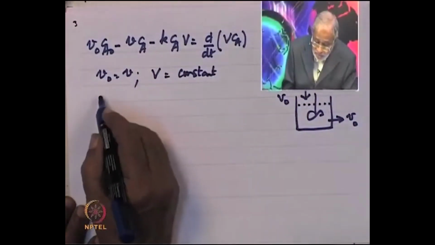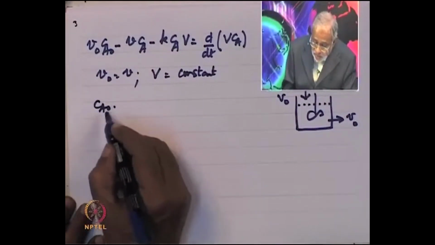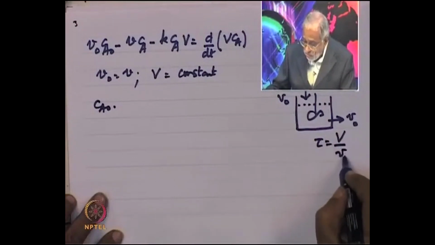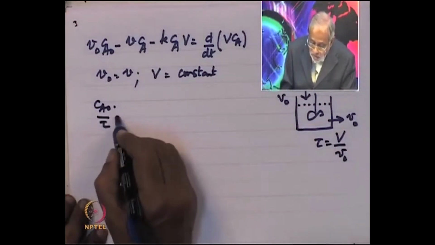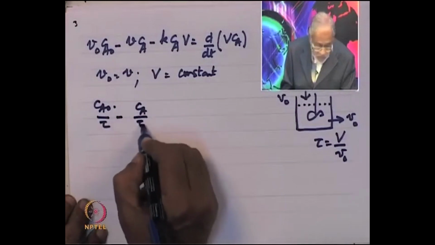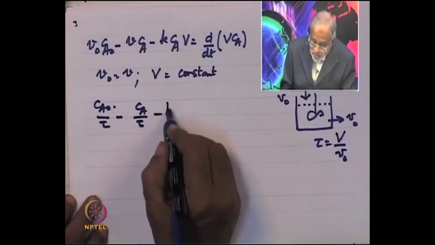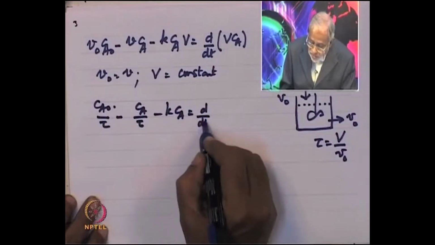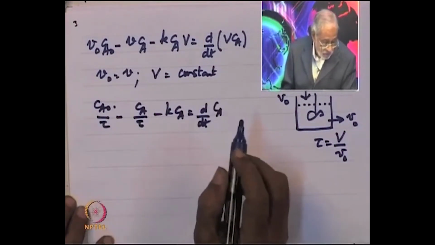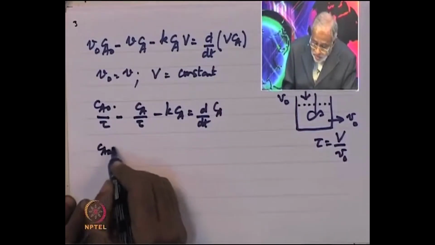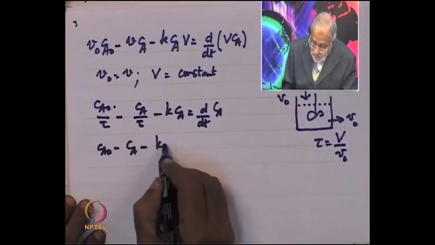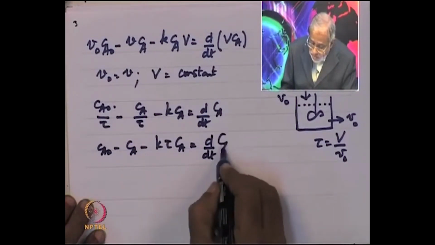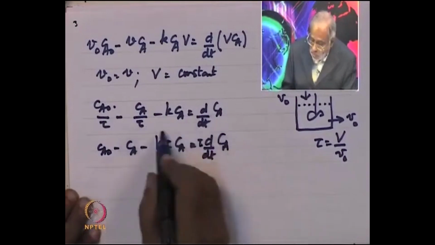Therefore, we can write this as C A naught. If I say tau, the residence time, is V by V naught, this becomes minus C A by tau, minus k times C A, equal to d by dt of C A. Or I will write this as C A naught minus C A minus k tau C A equal to tau d by dt of C A. I just forgot to multiply by tau.